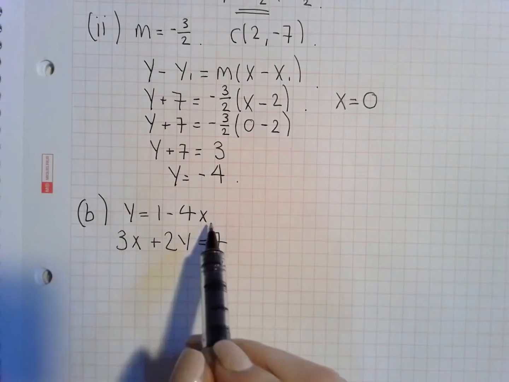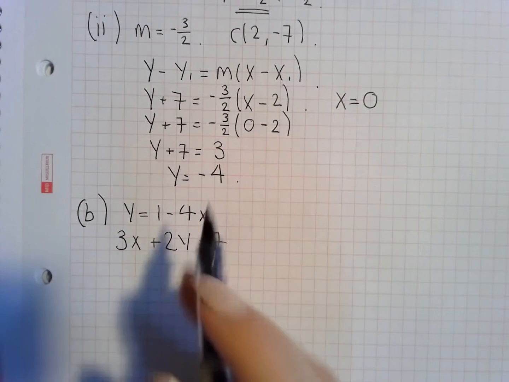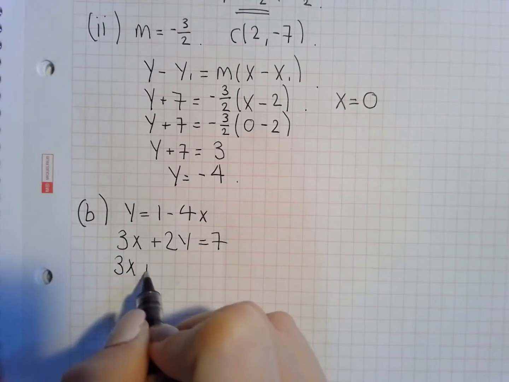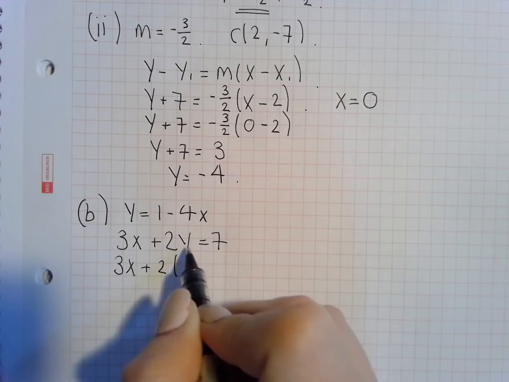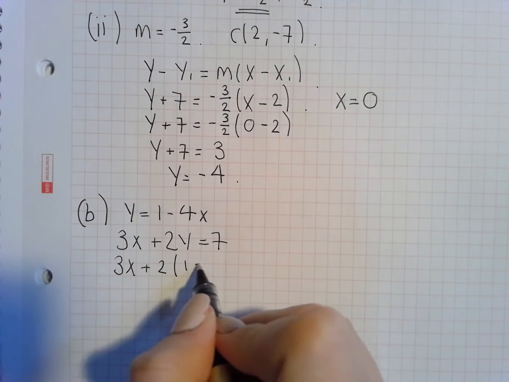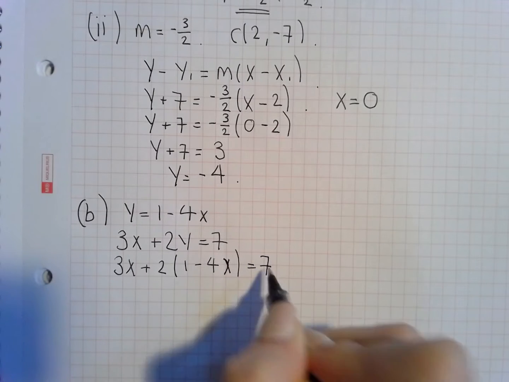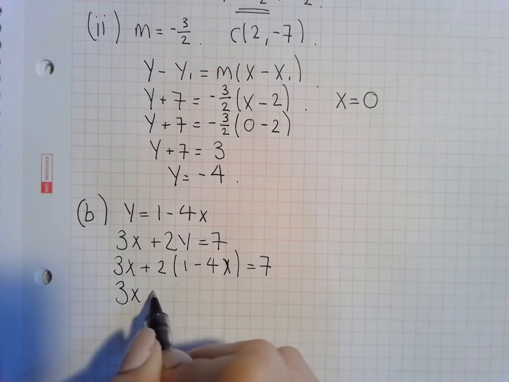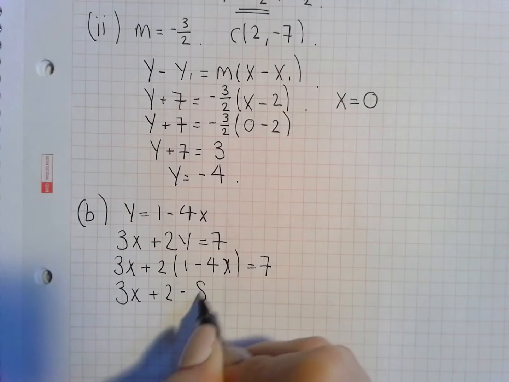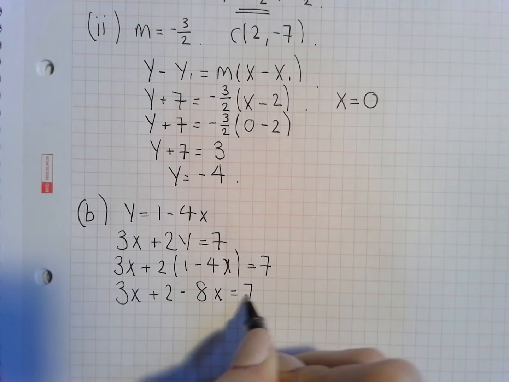So let's just sub this equation into this one. So 3x plus 2 times y, and y is 1 minus 4x, equals 7. So 3x plus 2 minus 8x equals 7.